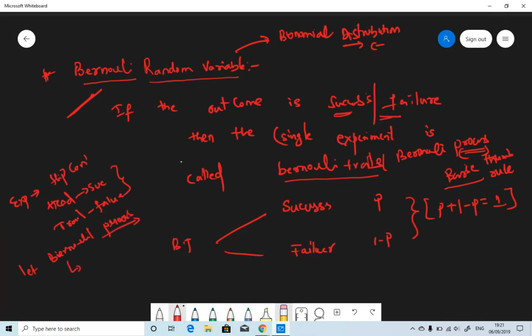The outcomes of a Bernoulli event will be only two, either success or failure. I am doing a single experiment, using the example of a flip of a coin.